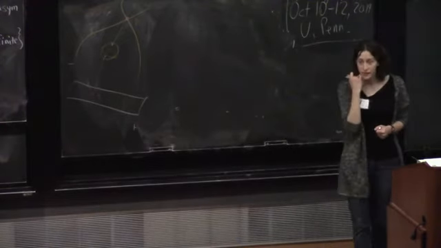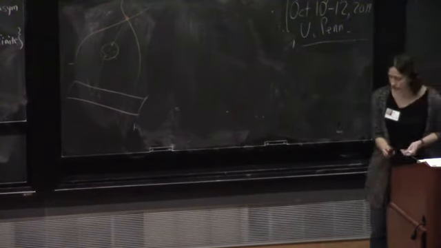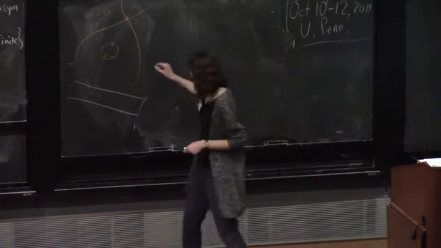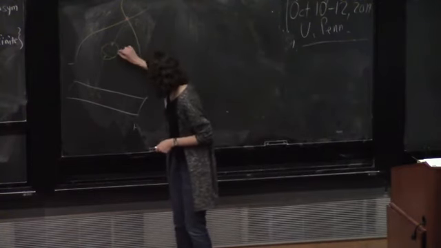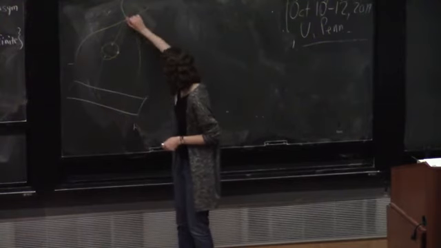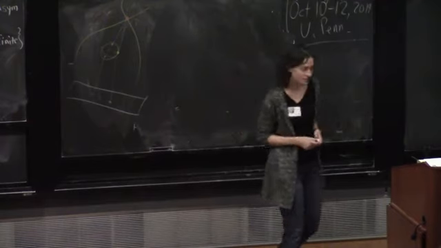So this gives a double cover of P2. But it's going to be a branched double cover. Sometimes we're only going to have one point, where we hit it in a tangent way, and the map branches.